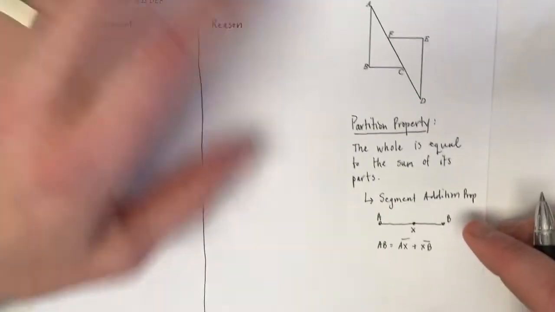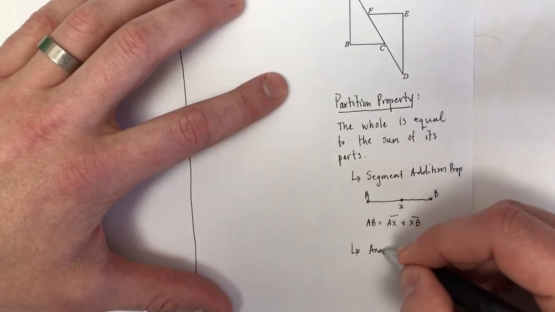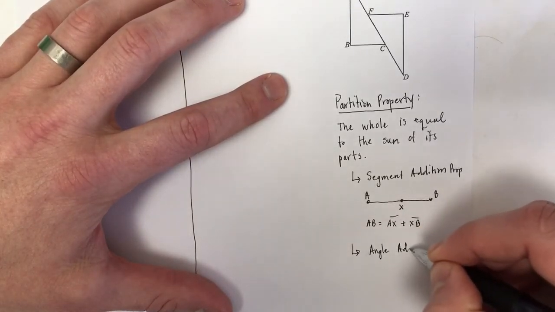Okay, and then the other part of this would be your angle addition property.